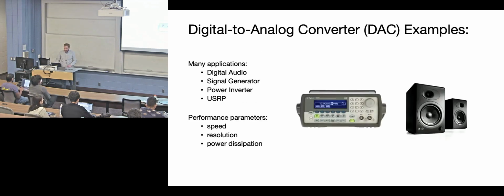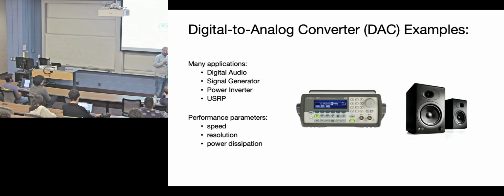I think the big thing to think about here is DACs are certainly the conceptual opposite of ADCs, right? You're going to take some digital value in and turn it into some analog value out. But we're going to use some of the same tricks that we used from ADCs and reuse them to make DACs. You could use them for plain audio.